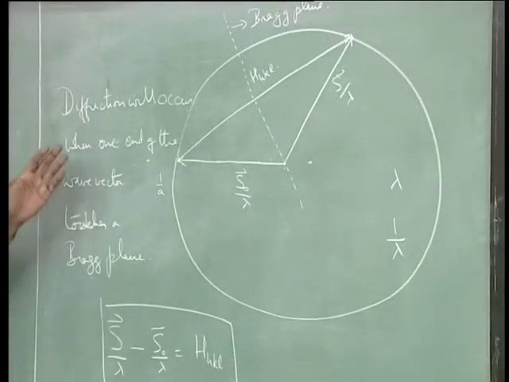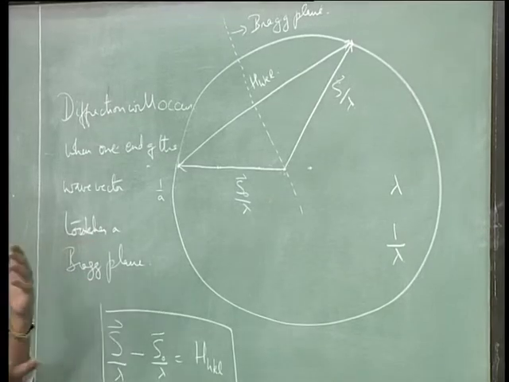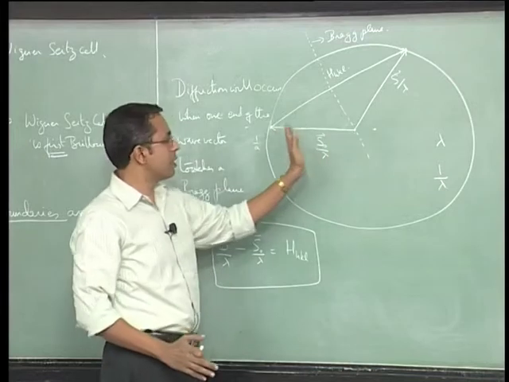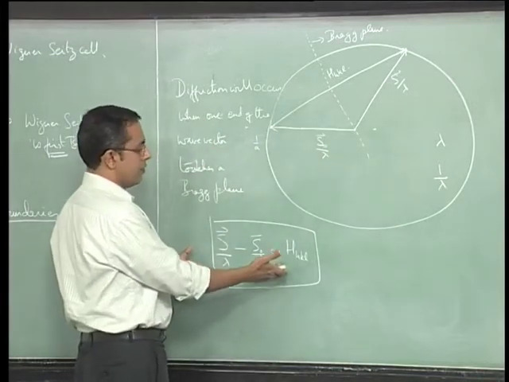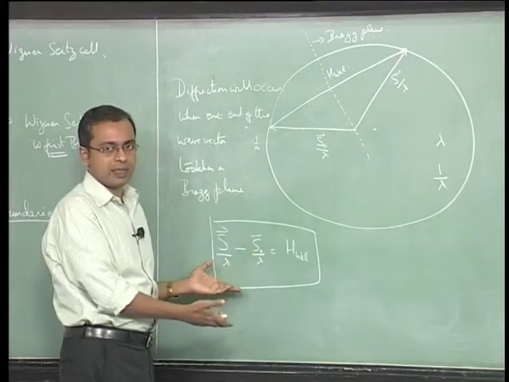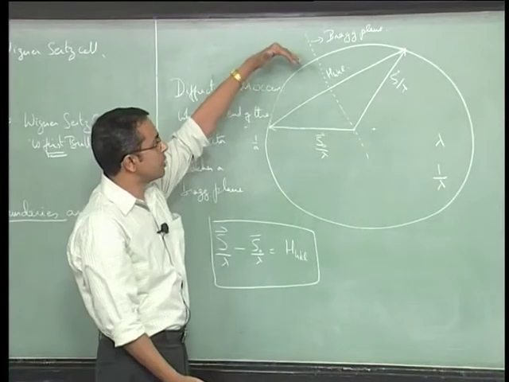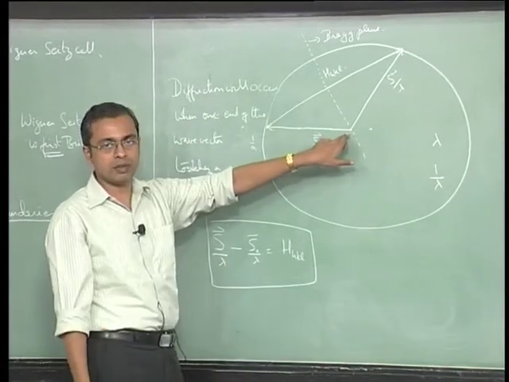I have just restated the definition, or rather described it in a different way, because we find that whenever you draw this diagram, whenever this equation is satisfied, which always represents the diffraction condition, the diagram shows us that if you draw the perpendicular bisector of HKL, it will go through that point.